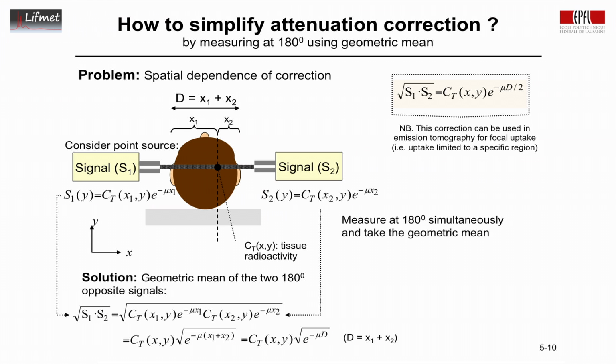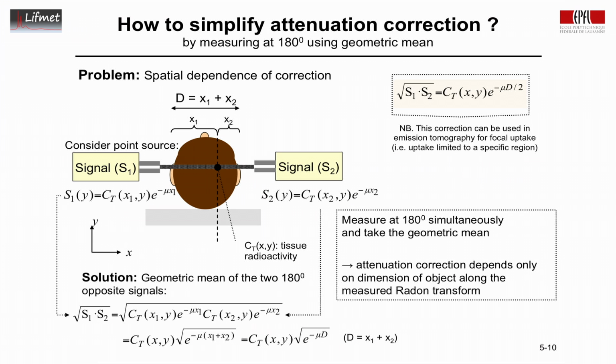To summarize, we measure the signals S1 and S2 at 180 degrees opposite, simultaneously, multiply them, and basically take the geometric mean. This means that the attenuation correction we have to apply to the signal for each projection depends only on the dimension of the object along the measured Radon transform, that is, if you will, the thickness of the object, D in this case.